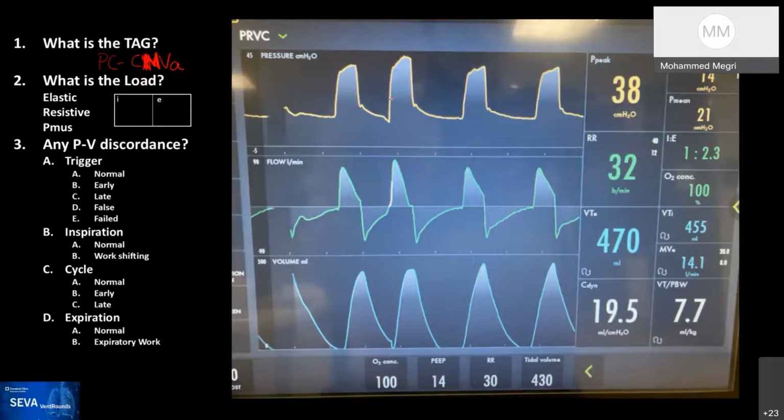But going to the load, I don't see any Pmus, but I would like to say resistance. And even in expiratory, looking at it on my screen, everything is going back to the baseline and to zero flow, and there are no signs of Pmus during expiratory, so I'll go with elasticity for the elastic expiratory load.